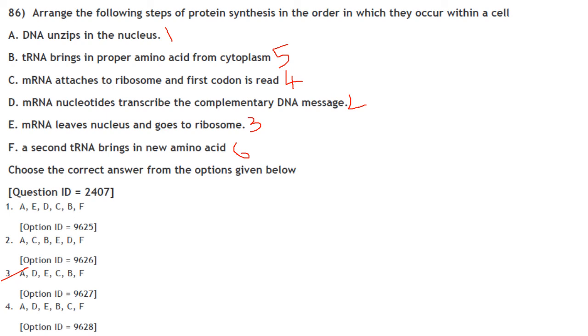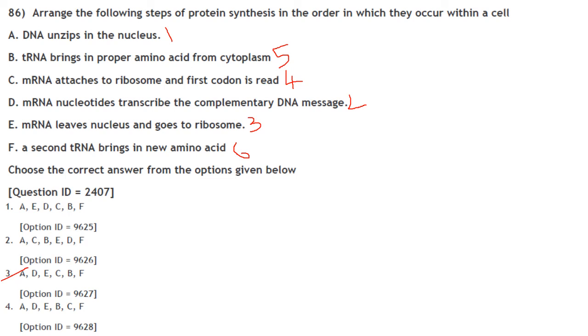Yes. Then comes mRNA leaves nucleus and goes to ribosome. Yes, 3. Then mRNA attaches to ribosome and the first codon is read, that is 4. So A, D, E, C.